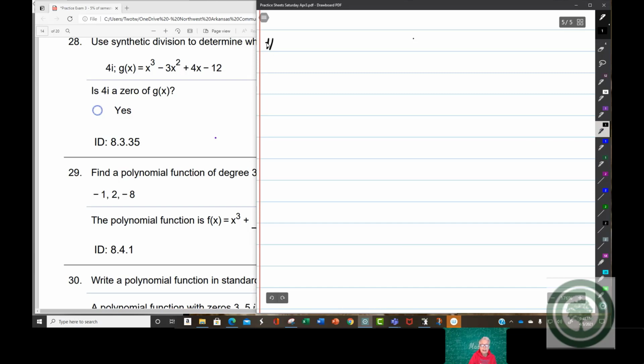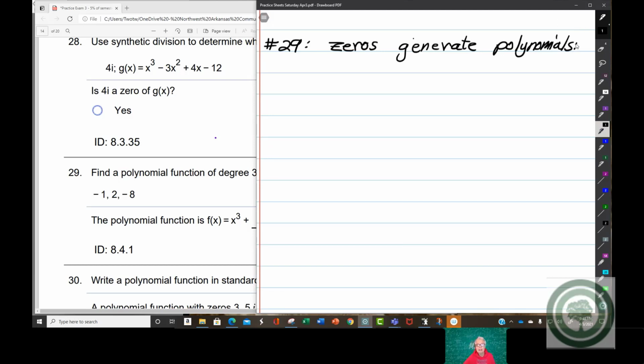Here's the reason we care. Zeros generate polynomials. They create the polynomials. So here we're told that there are 3 zeros.